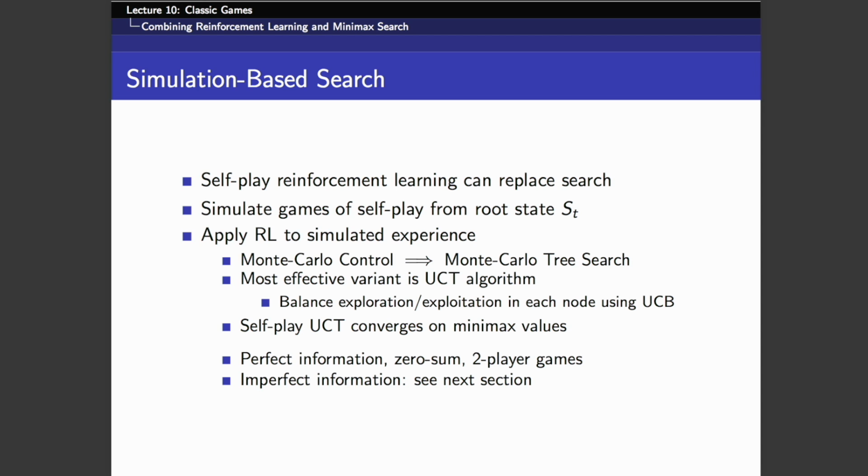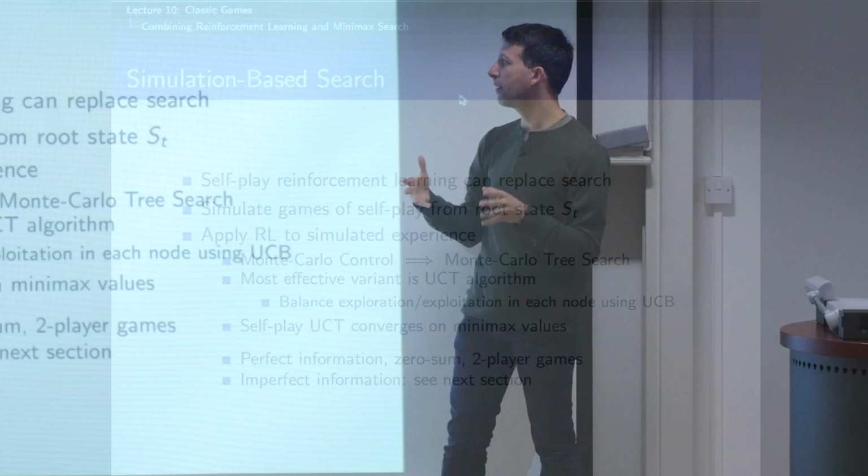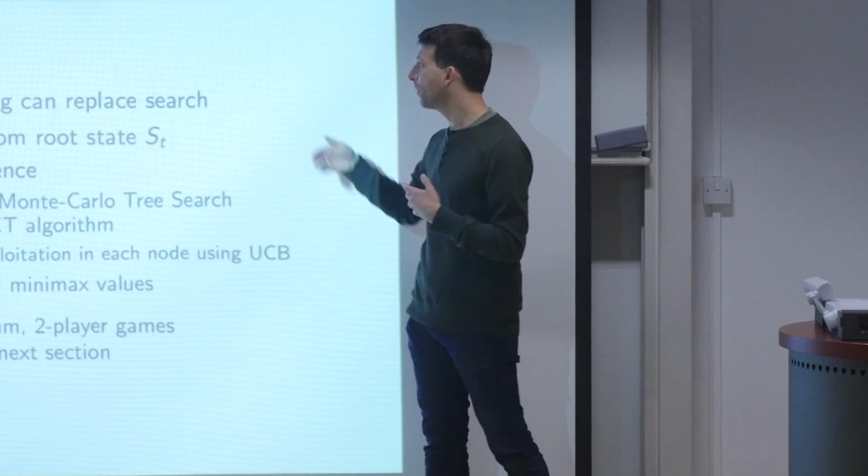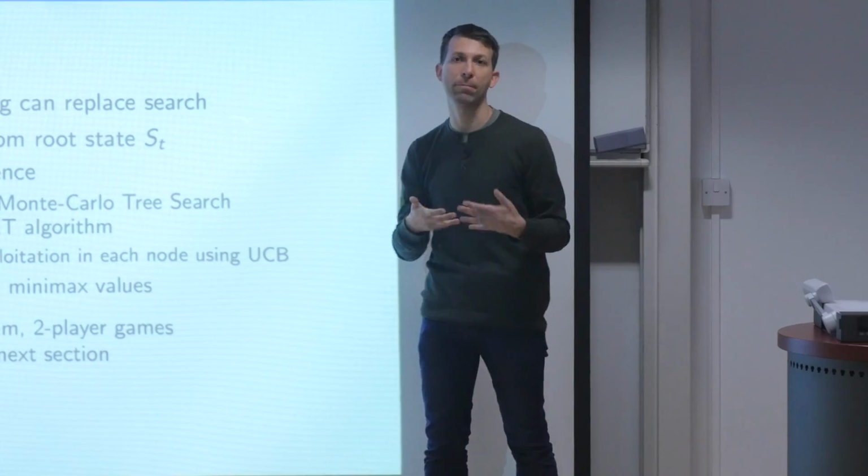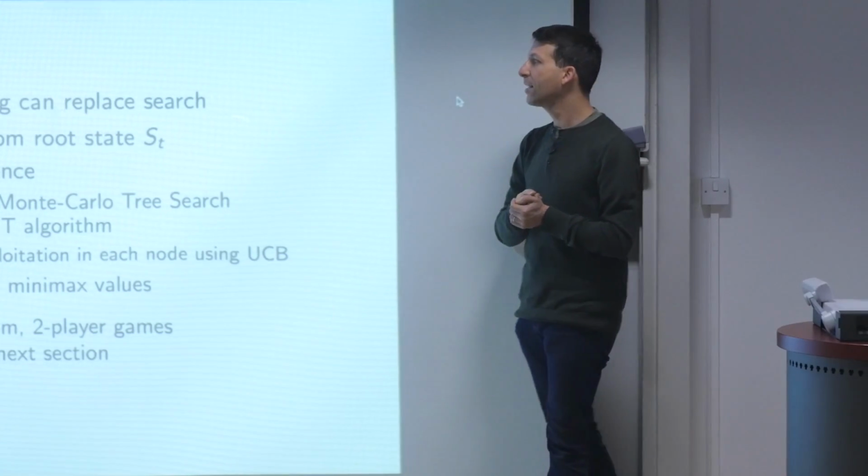Or we had some kind of function approximator, like a value function, that was estimating those values directly without ever doing any look ahead. And the surprising part is to say that actually reinforcement learning can replace that first part. So we can use self-play reinforcement learning instead of a search procedure to give us a process of look ahead.